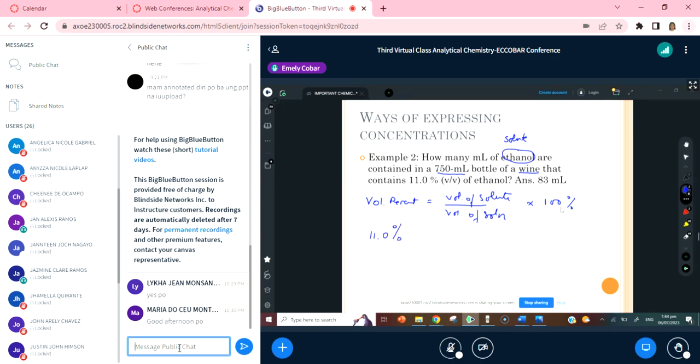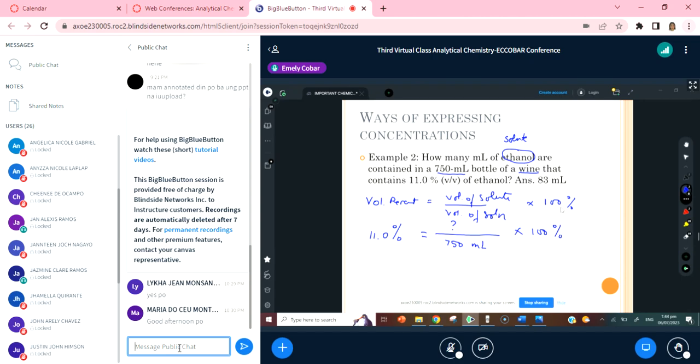Given ang volume percent which is 11.0%. Okay? And then, ang volume of solution, ito yung hinahanap. Okay? Ang volume ng solution is 750 ml. And then, times 100%. Okay? So, ito yung hinahanap natin, di ba?